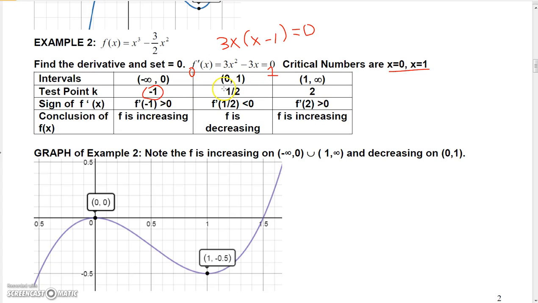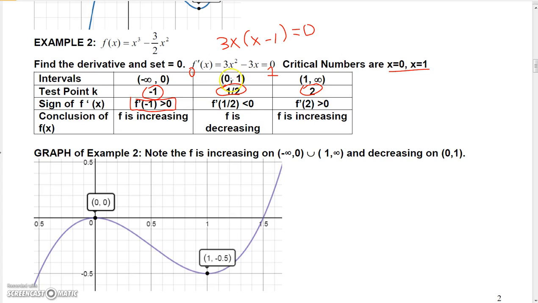I'm going to choose -1. I pretty much have to choose a fraction in here or a decimal, so I'll choose 1/2, and a number greater than 1, well, 2 will work there. So now if I plug -1 into the derivative, you can plug it into the factored form if you like. 3 times -1 is negative, -1 minus 1 is negative, so negative times negative is positive, so the derivative at -1 is positive.